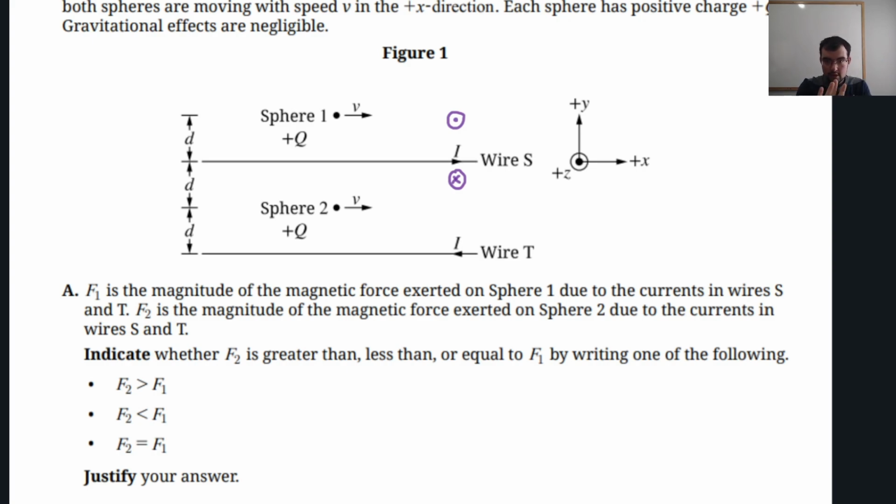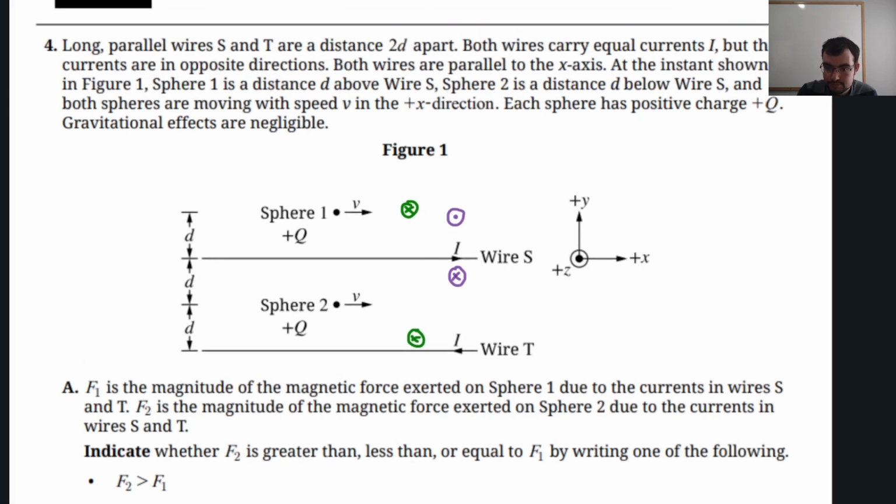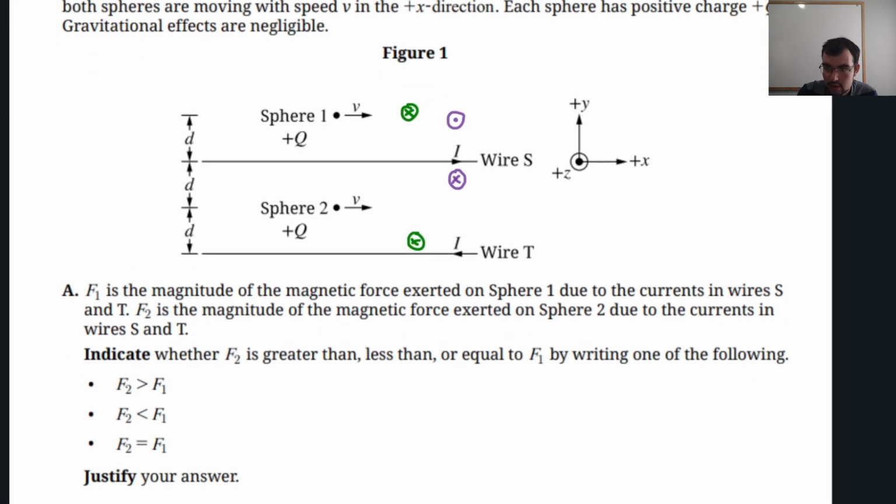Then for wire T, I'm only above wire T, so it's going to be into the page at both locations from wire T. Let's make that bigger. Now, as you can see from my picture, we have different effects happening. From sphere 2, we're going to have both fields into the page.